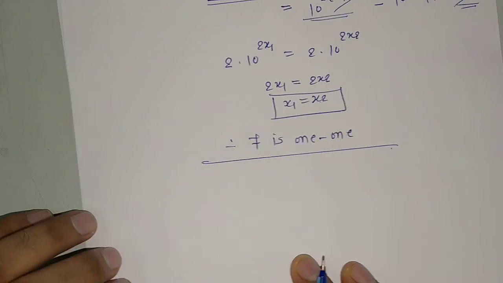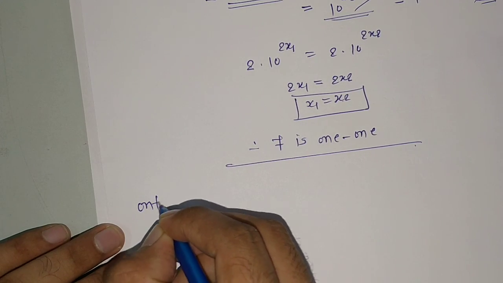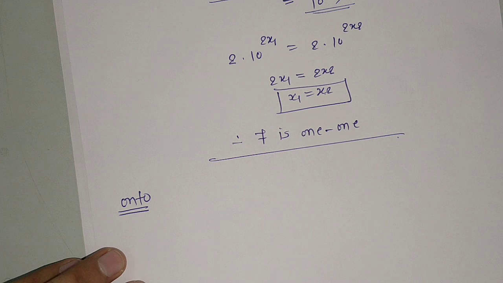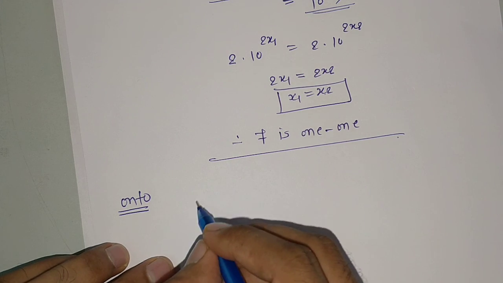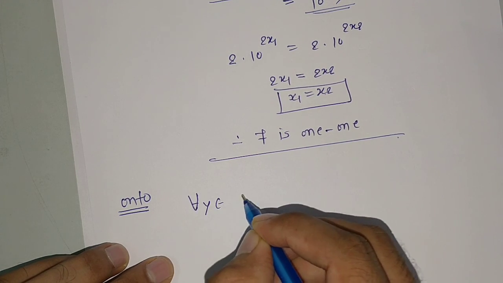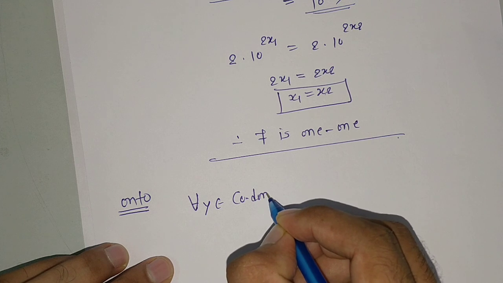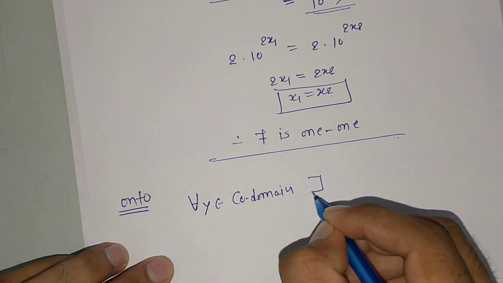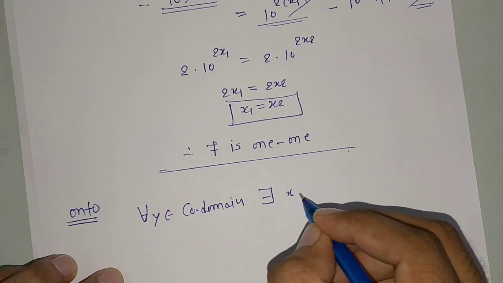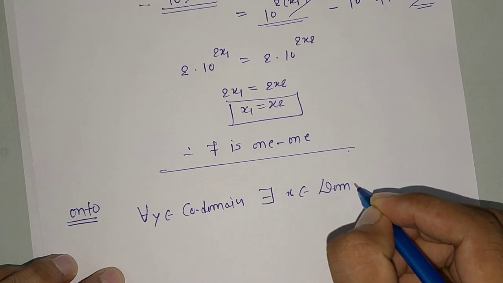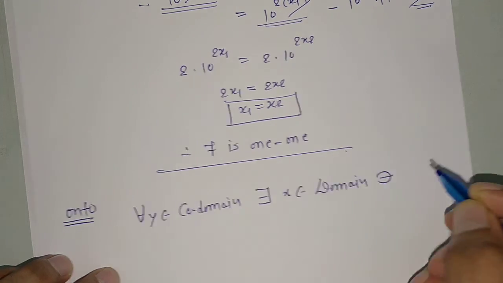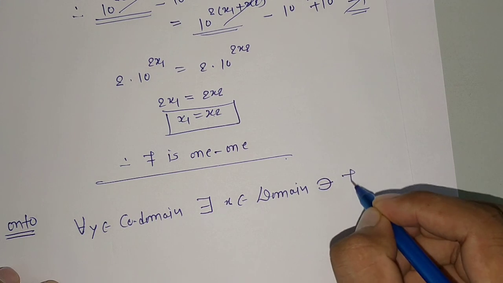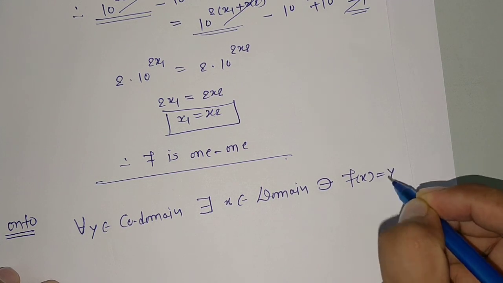Now the onto part. For onto, recall the definition. The definition says that for all y belonging to the codomain, there exists x belonging to the domain such that f of x equals y.